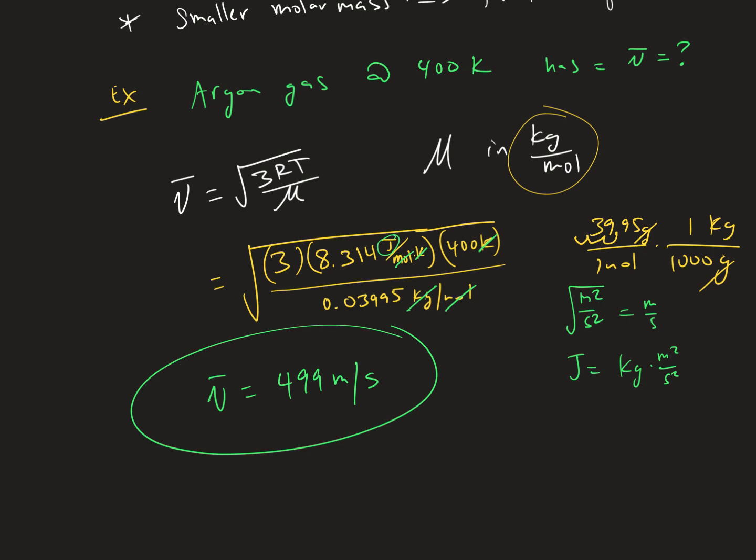Questions on that? Yeah, make sure you guys can calculate this because there's a square root, makes you follow order of operations, right? Do all of the math and then square root the answer. Good?